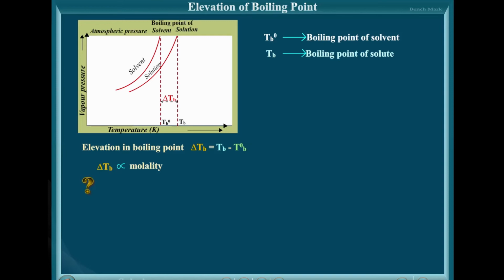As I had mentioned earlier, N2 divided by N1 can also be written as N2 divided by the mass of the solvent into the molar mass of the solvent, which becomes equal to the number of moles, that is N2.